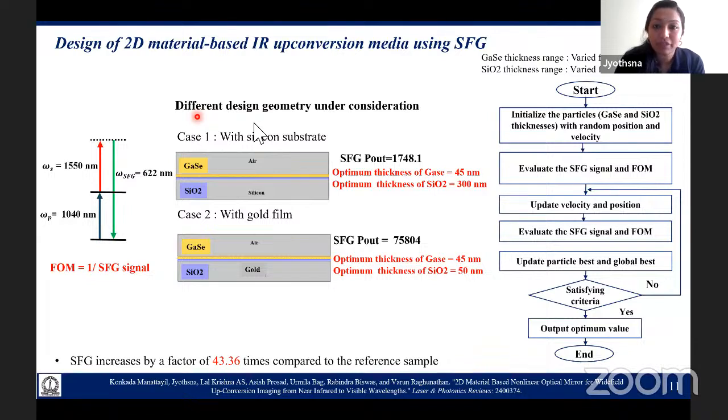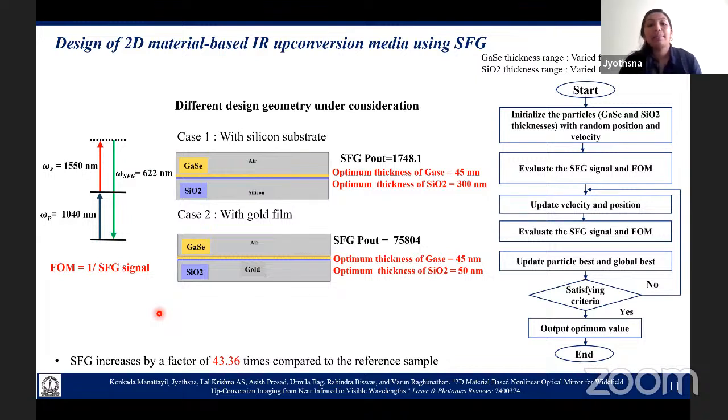Here the objective function defined is the inverse of the SFG signal that is collected. This mirror is designed in COMSOL Multiphysics software, and the SFG signal generated at different thickness values is given as an input to the particle swarm optimization algorithm. The thickness for the maximum SFG signal, that is the minimum figure of merit value, is given as the output of the optimization algorithm.